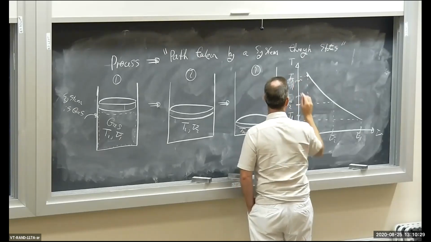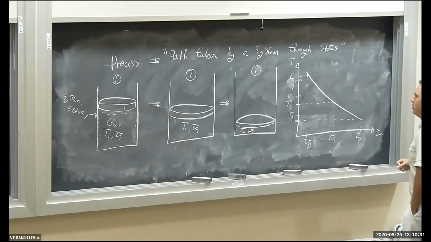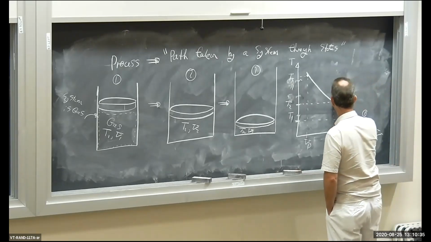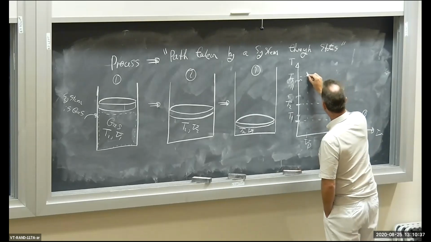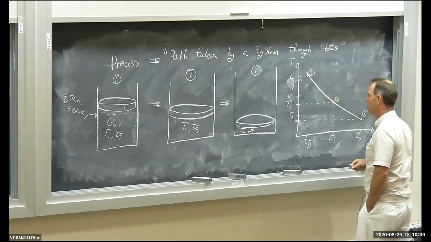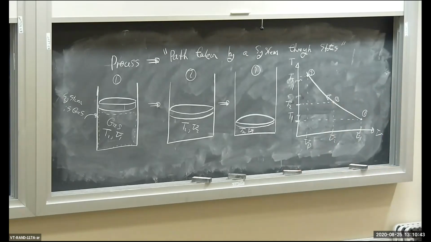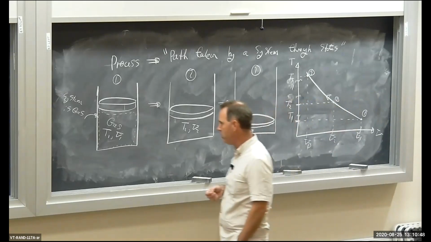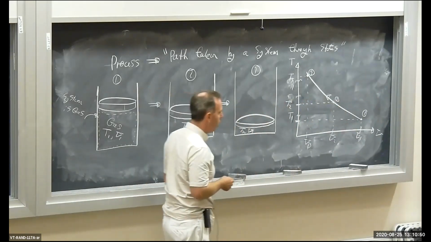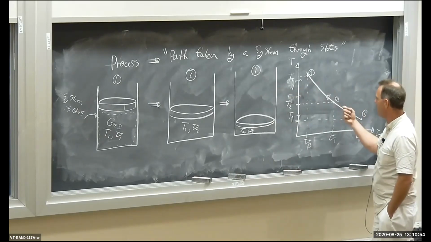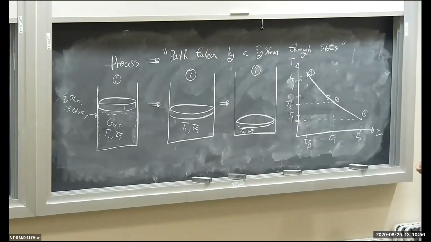There we go. Okay, so the system is starting off at state 1, moving through state 2, and arriving at the final state, state 3. So this is the direction the system is going. So on a TV diagram, a temperature volume diagram, I'm showing the process as we go from state 1 to state 3 through an intermediate state, state 2.